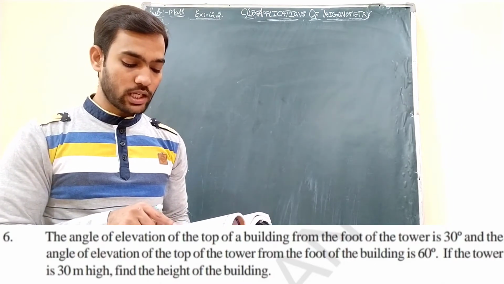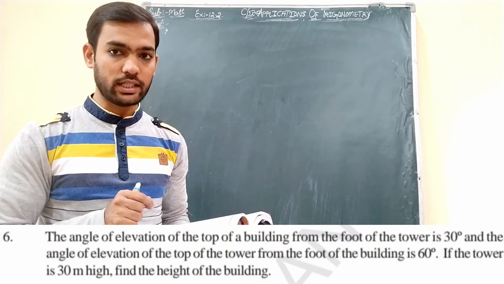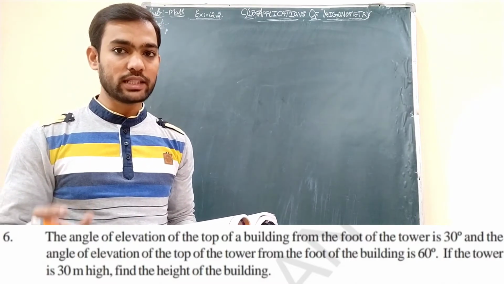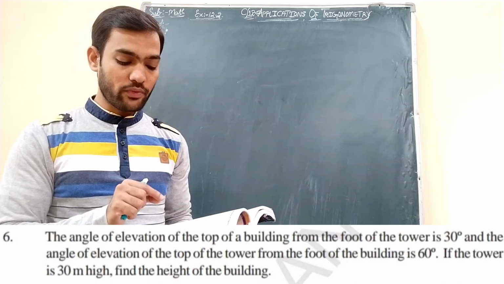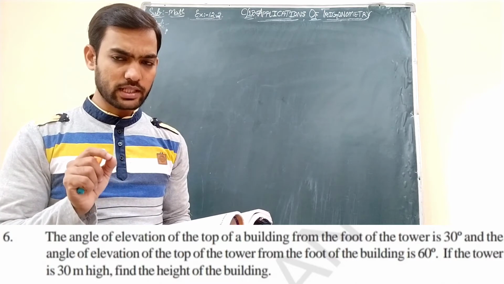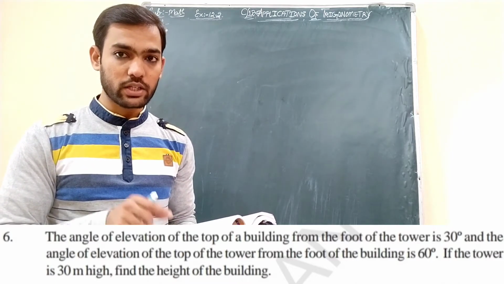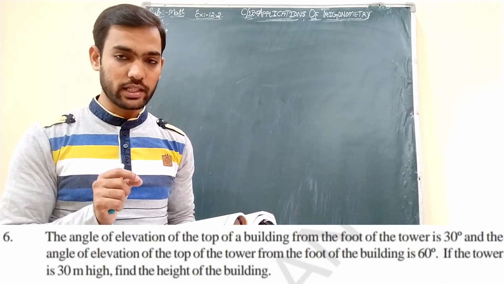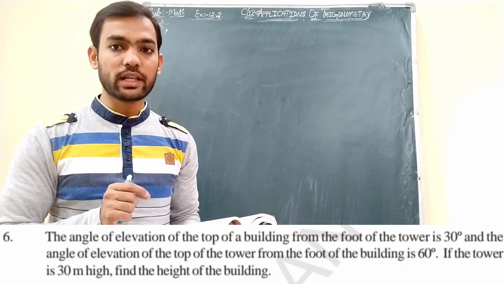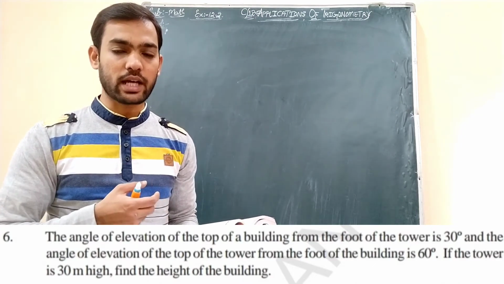Angle of elevation of the top of the building from the foot of the tower is 30 degrees, whereas for the other, the top of the tower from the foot of the building is 60 degrees. Remember, listen to this again: when you are seeing the top of the building, it is 30 degrees; when you are seeing the top of the tower, it is 60 degrees. So obviously the tower is the larger object, which is 30 meters high.